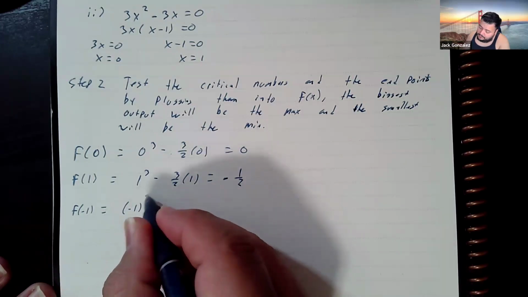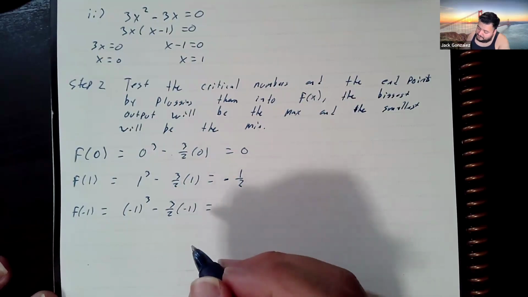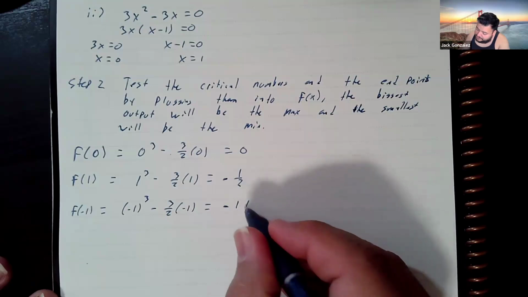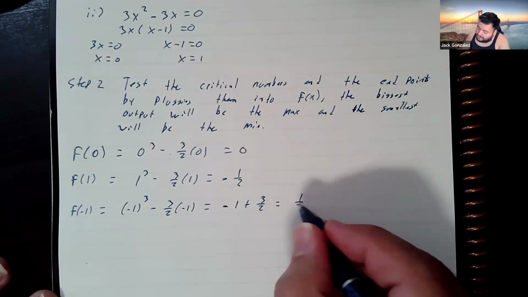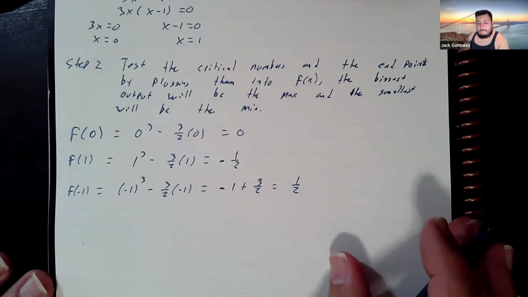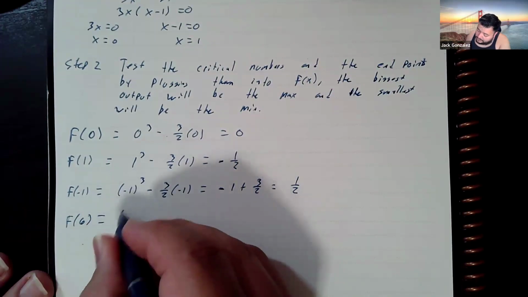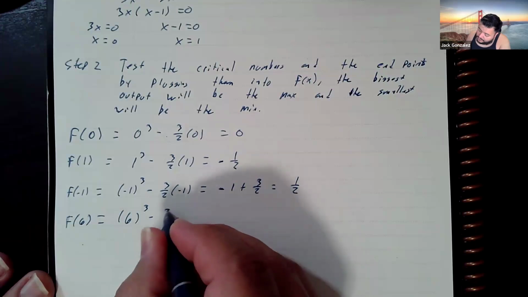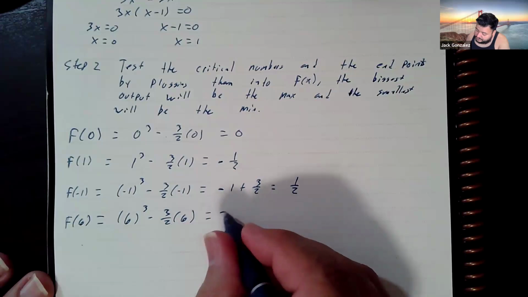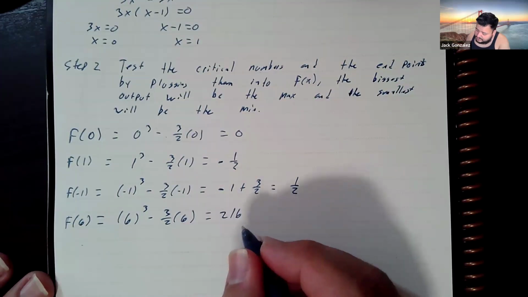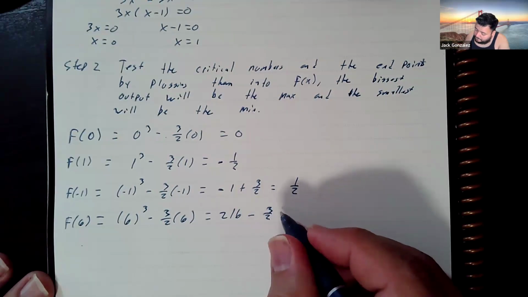It will be negative 1 cubed minus 3/2 times negative 1, which is minus 1 plus 3/2. So that'll be a positive half. Now the last endpoint will be the 6. So 6 cubed minus 3/2 times 6. It's 216, right? Minus 3/2.